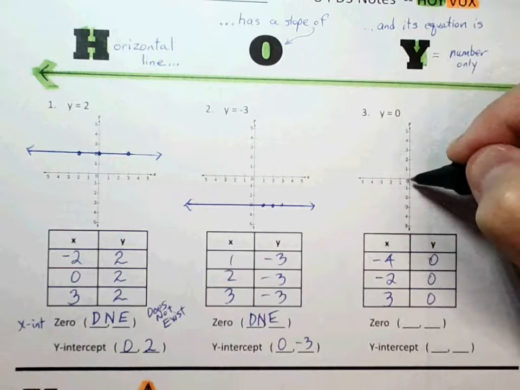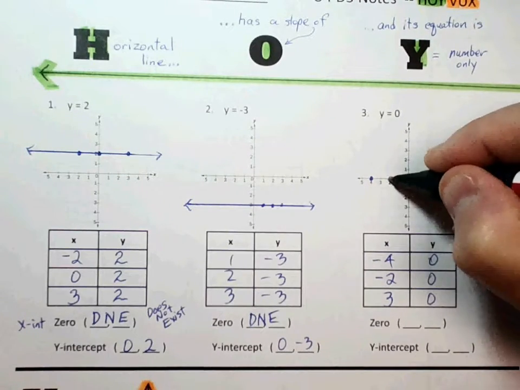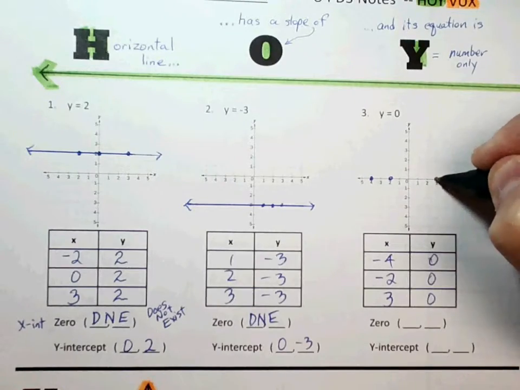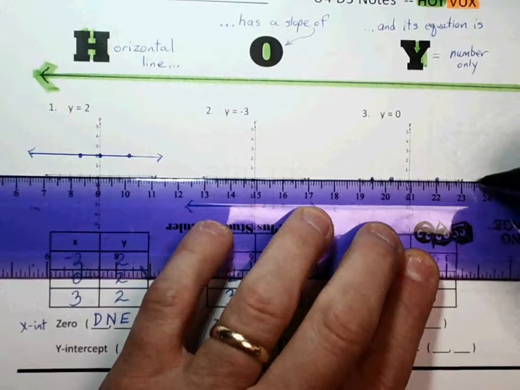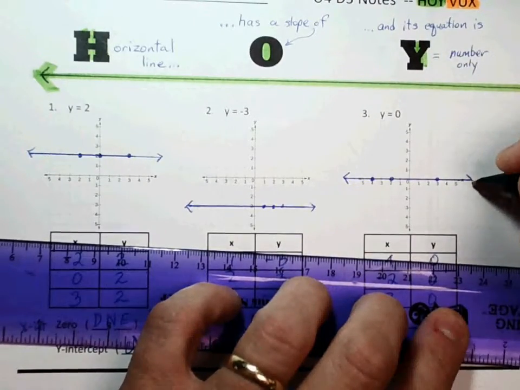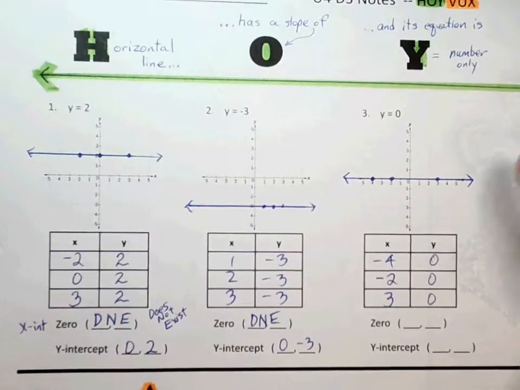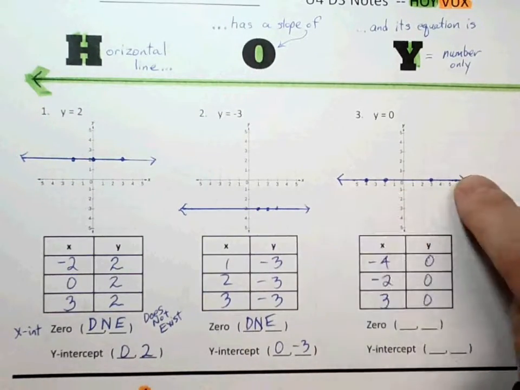If we plot these points, -4, 0 is right here, -2, 0 is here, 3, 0 is here. This looks like I've got a horizontal line that's actually right on top of the x-axis.